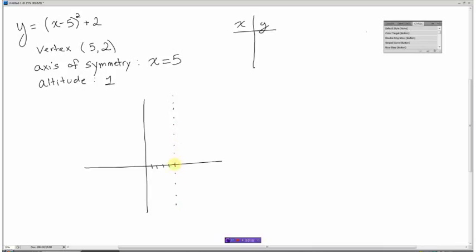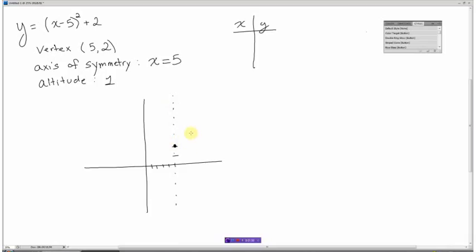Whatever happens over here is going to look exactly the same as what happened over here. Right? And the vertex is at apparently 2. Just right there. So whatever happens here is going to be the exact same on its mirror image.